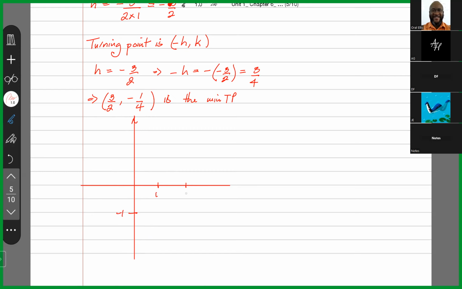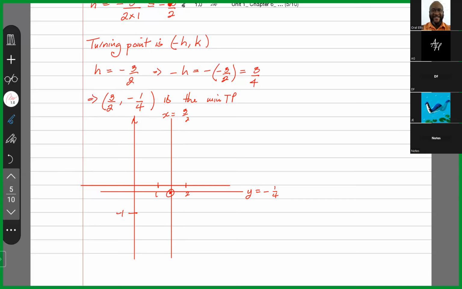All right, 1, 2. So my turning point is 3 over 2. 3 over 2 is 1.5. So it's 3 over 2, minus a quarter. This is y is equal to minus a quarter. This is x is equal to 3 over 2. So my turning point is here.